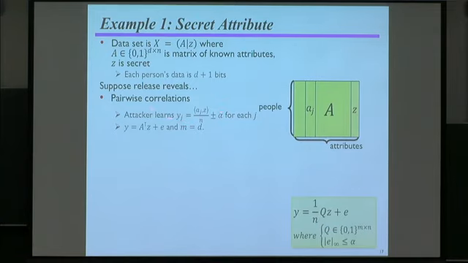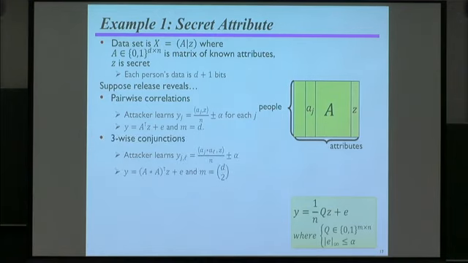Even if you're getting noisy correlations, what you're learning are these noisy inner products. And then the matrix Q I had on that previous slide is now just A transpose, the public part of it.